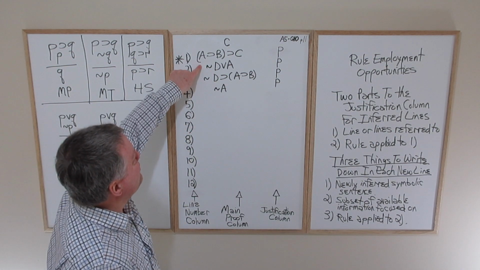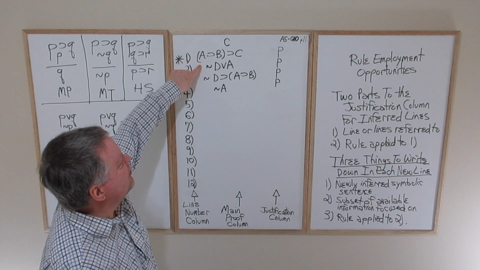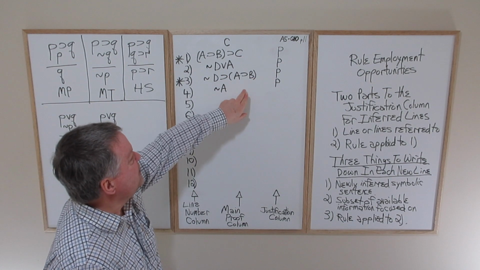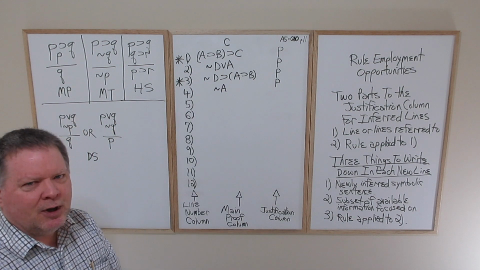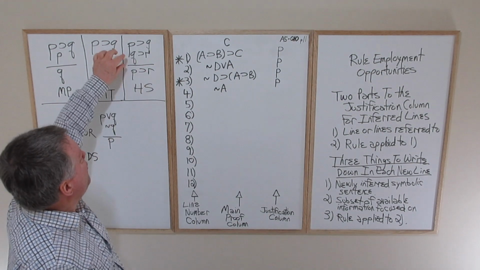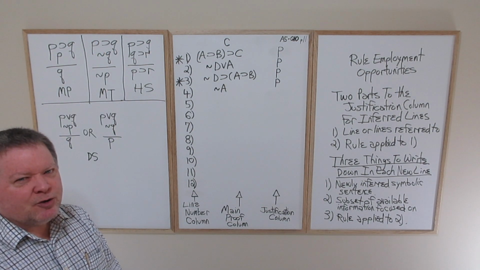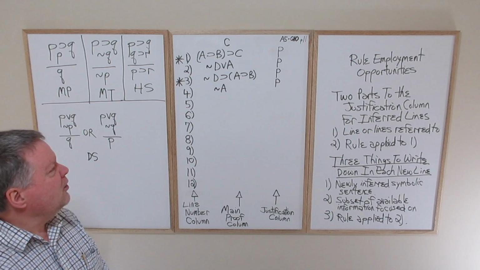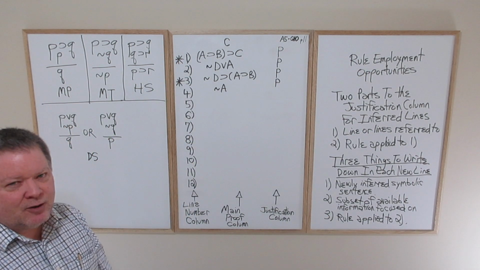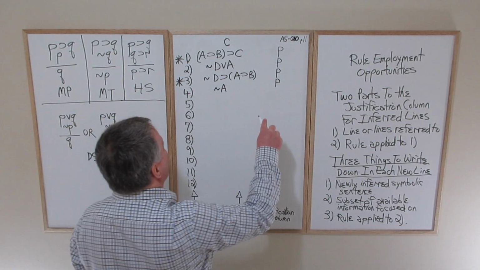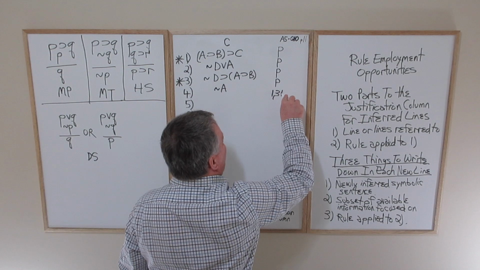The antecedent of line 1, which is a smaller conditional A horseshoe B, is identical to the consequent of line 2. And remember, they don't have to be in the exact order of the template. You just have to have all of the information. So lines 1 and 3 satisfy the hypothetical syllogism rule employment requirements.